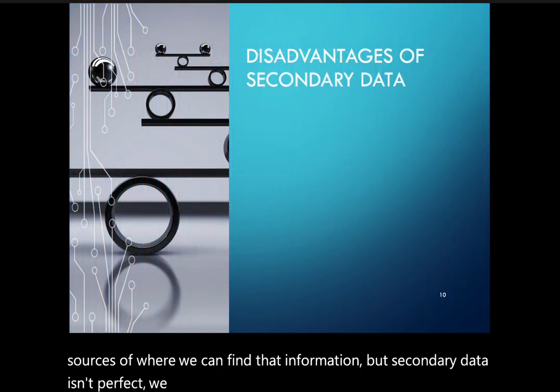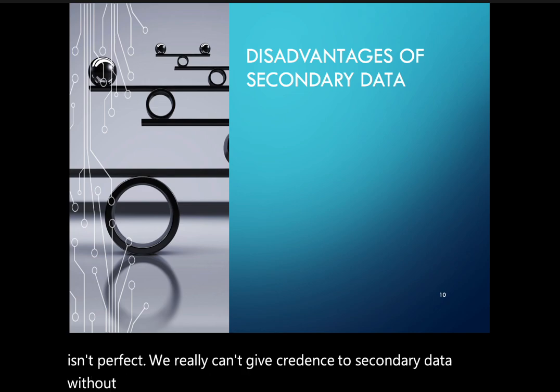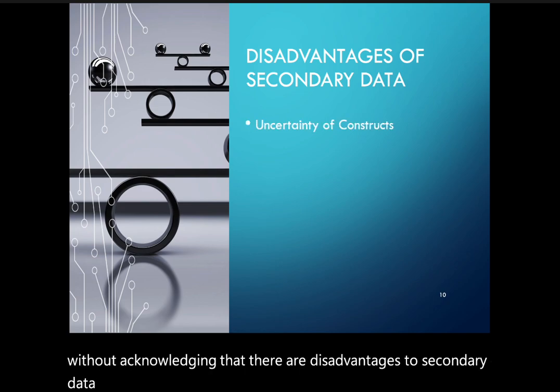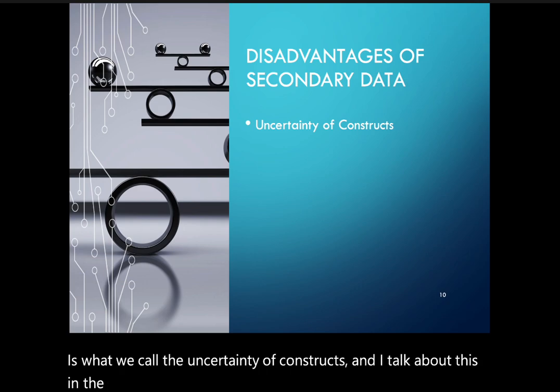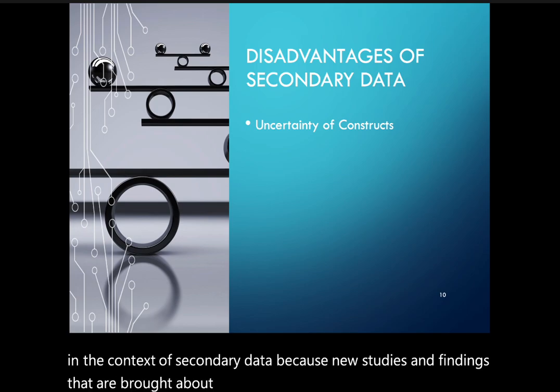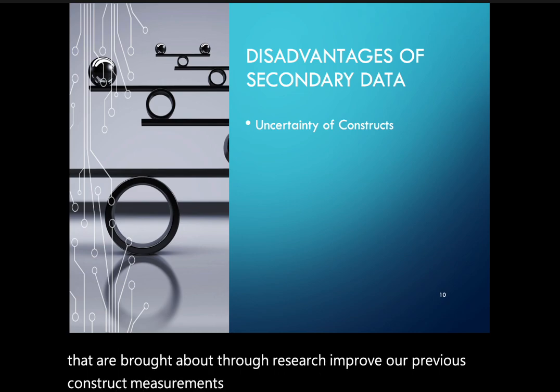We really can't give credence to secondary data without acknowledging that there are disadvantages to secondary data. One of those disadvantages is what we call the uncertainty of constructs. I talk about this in the context of secondary data because new studies and findings brought about through research improve our previous construct measurements and our knowledge of theories.